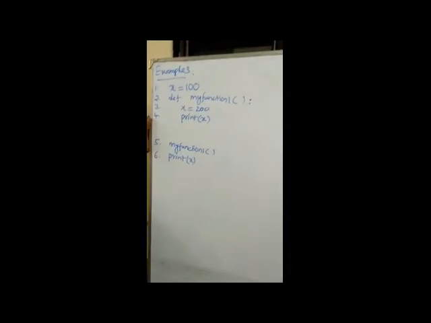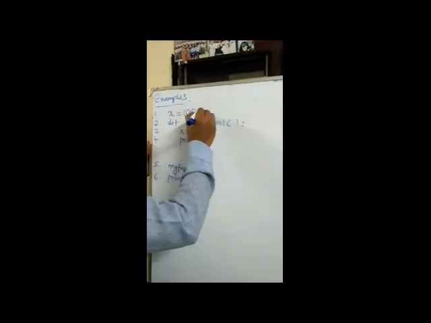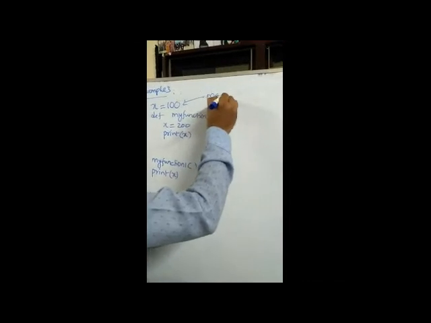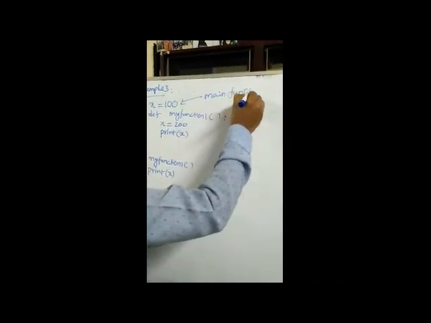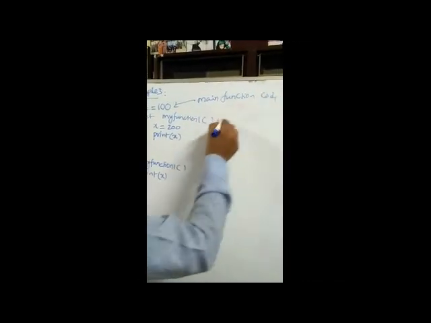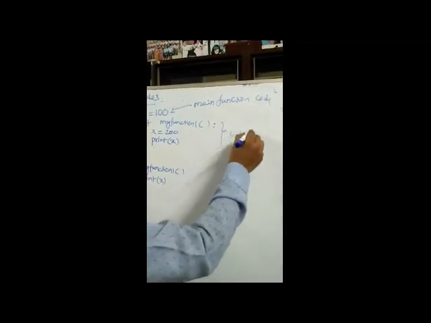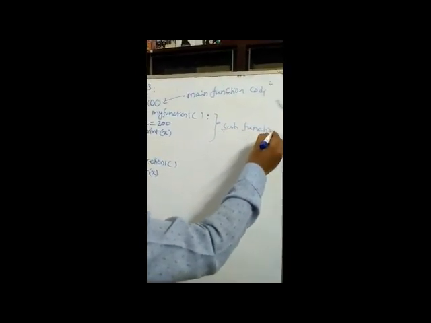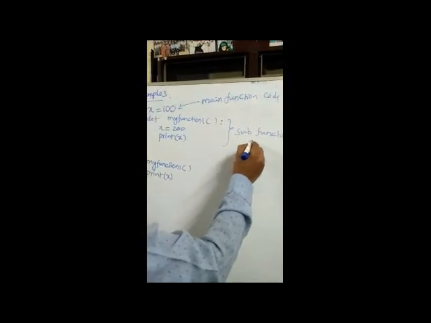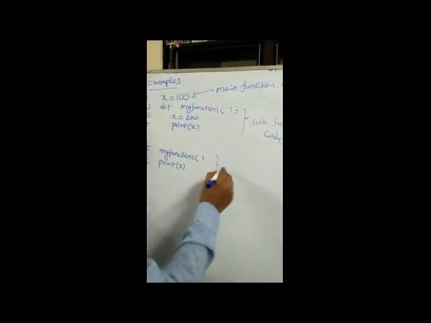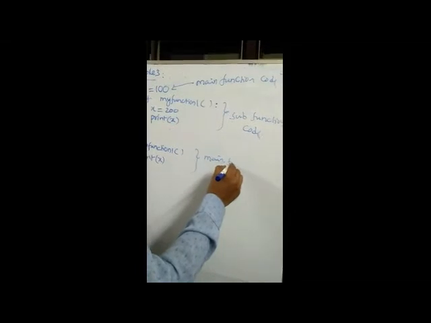When we execute this program, this one is main function code. These are sub function or function definition code. These two are also main function code.